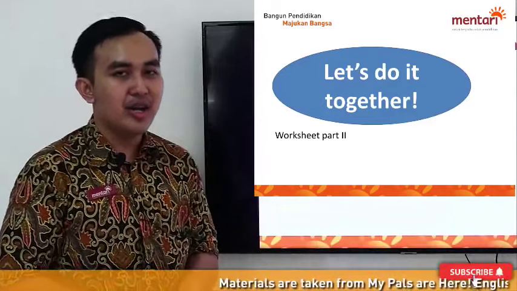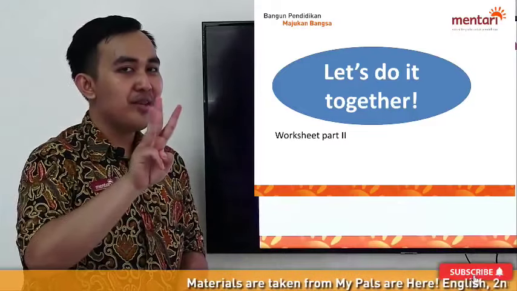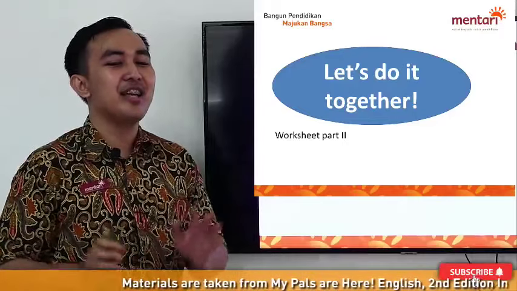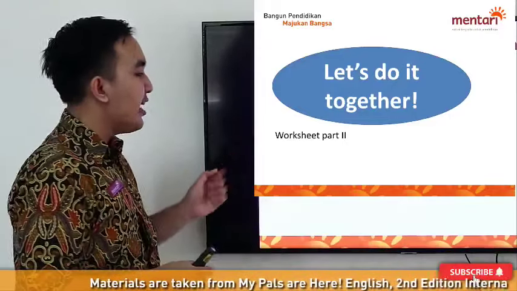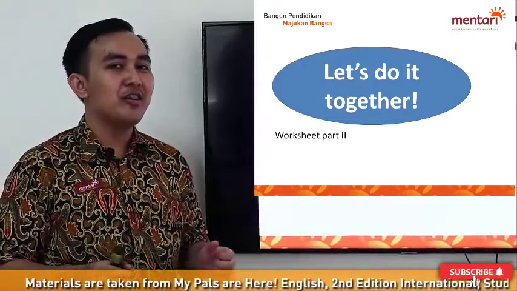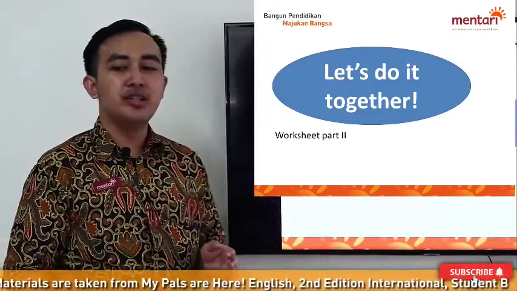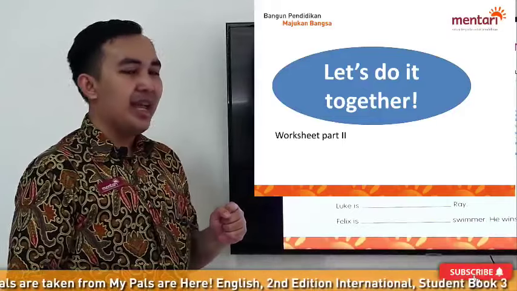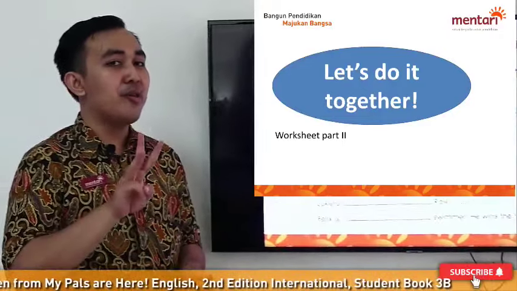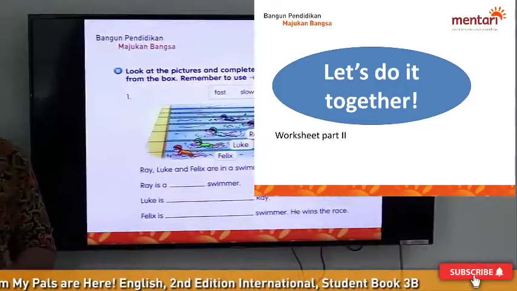For this one, I will give you 3 minutes. It's more than our previous exercise to finish this one. And then take a look on the worksheet part 2. Is everyone already looking at the worksheet part 2? Is that this page? Alright, so your 3 minutes starts from now.